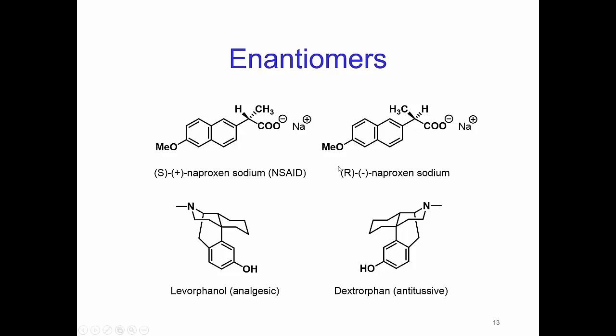Now, this is actually kind of interesting, and it's important because in drugs, what does the stereochemistry do for us? Well, this is the naproxen that is sold as a nonsteroidal anti-inflammatory drug. This R-naproxen is not active, and so it is not sold. In fact, in the manufacturing process, it's made as a racemic mixture, in other words, a mixture of both of these.